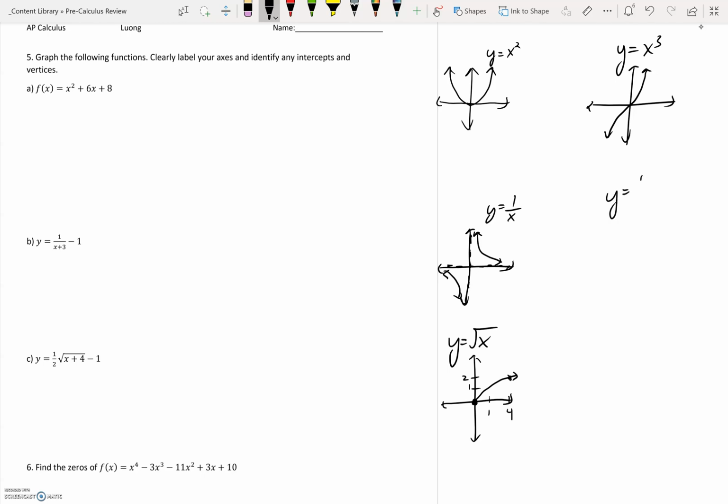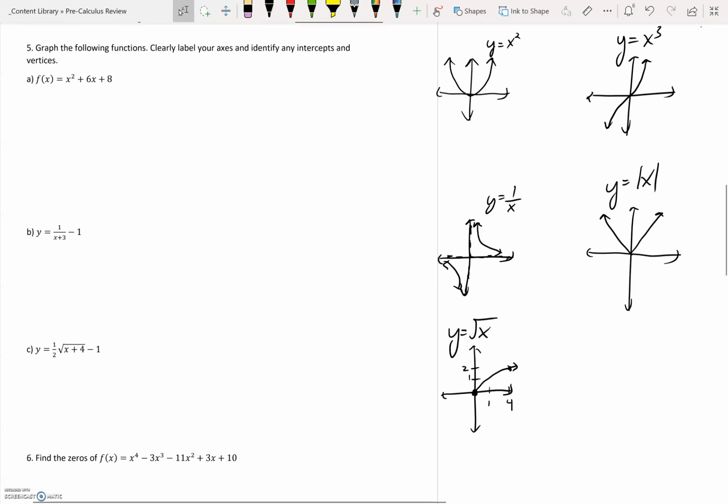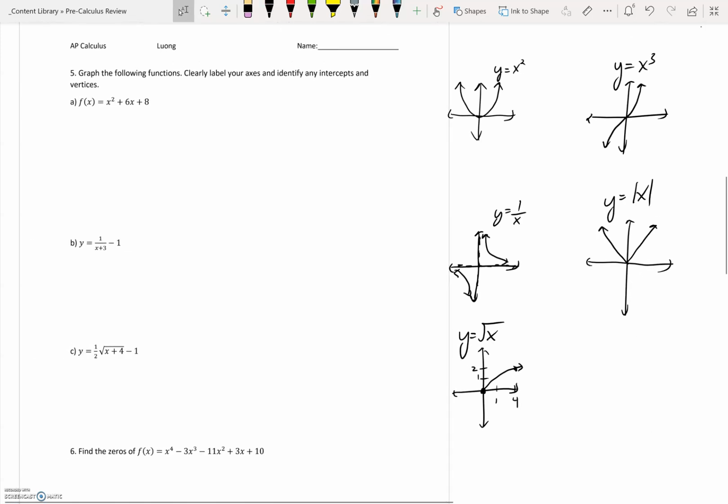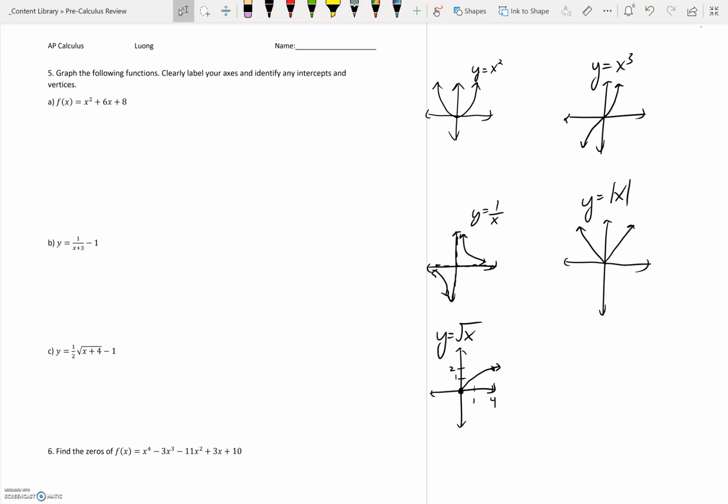Maybe you can see an absolute value one as well. It looks like so, like a V. So I would definitely know these ones for calculus for sure.